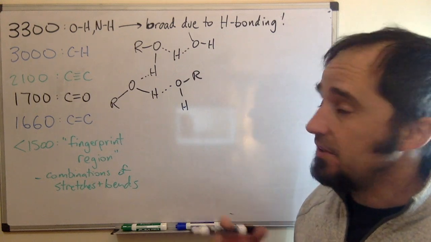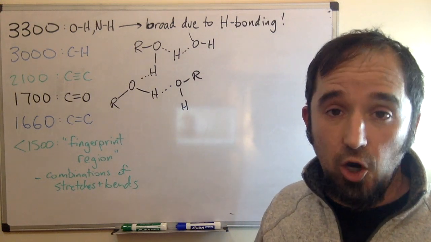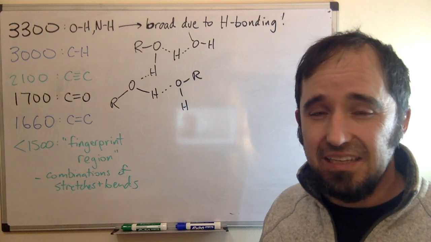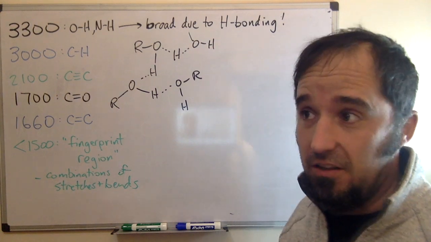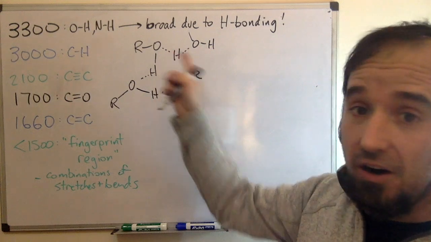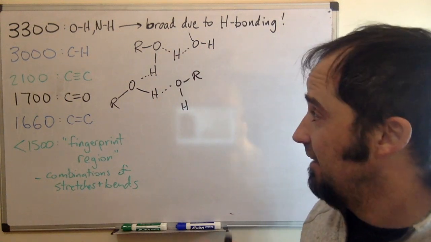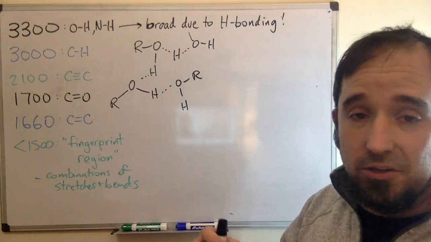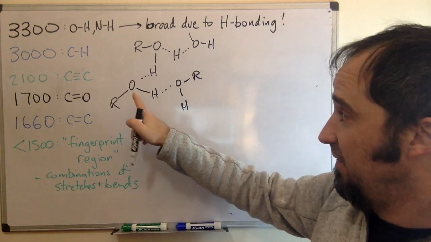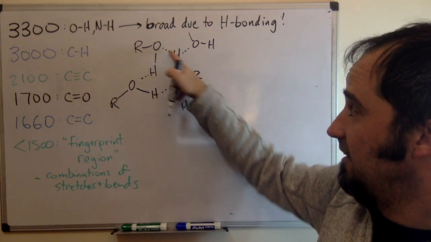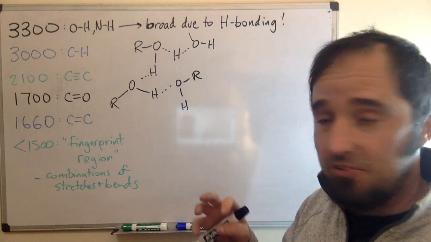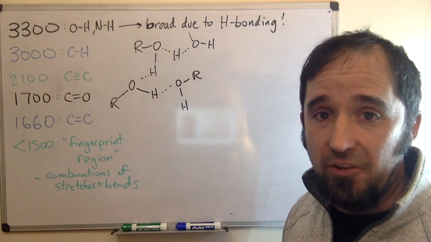So 3300, that is where you're going to see OH and NH. And they're going to stick out like a sore thumb. In fact, they're going to look a lot like a thumb because they're going to be broad due to hydrogen bonding, right? The bond strengths are all going to be varied by how strong hydrogen bonds are to those other H's.